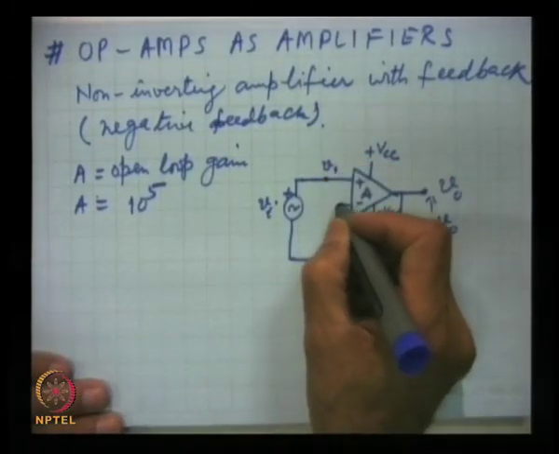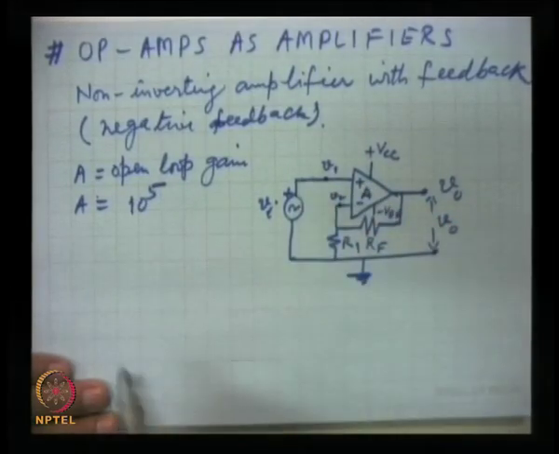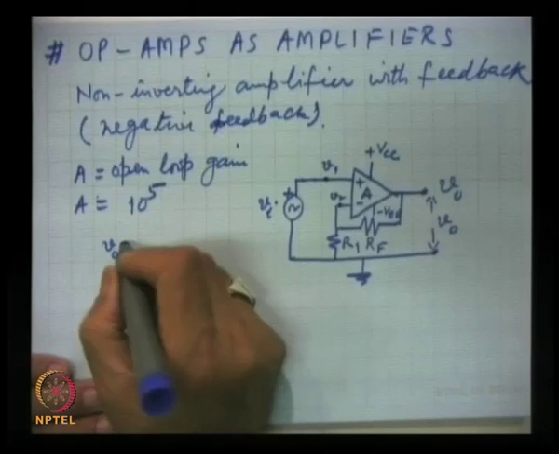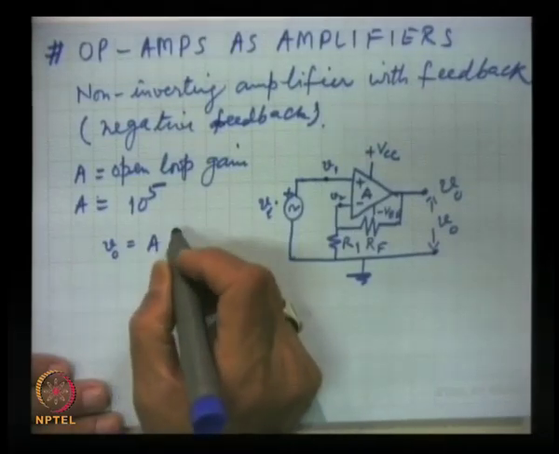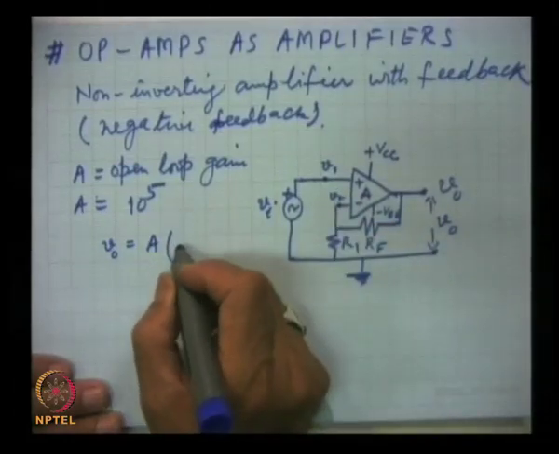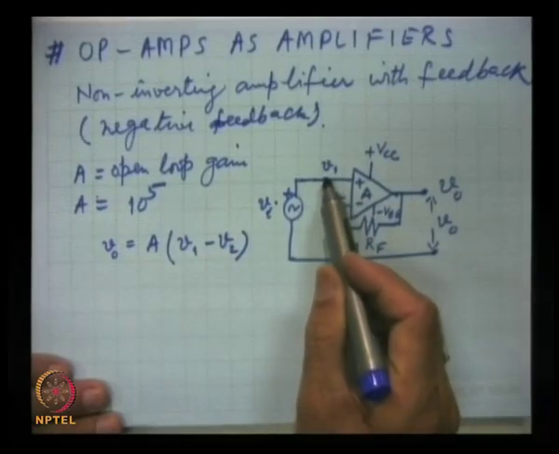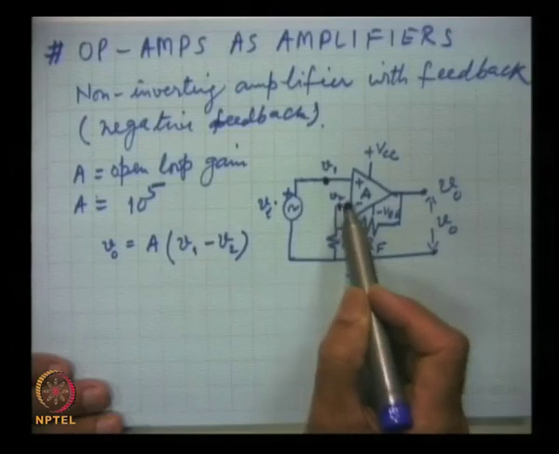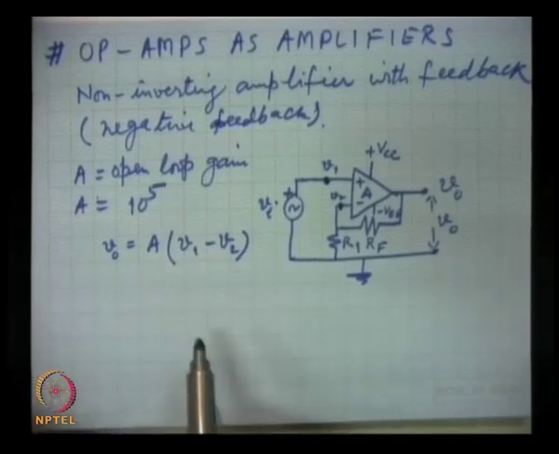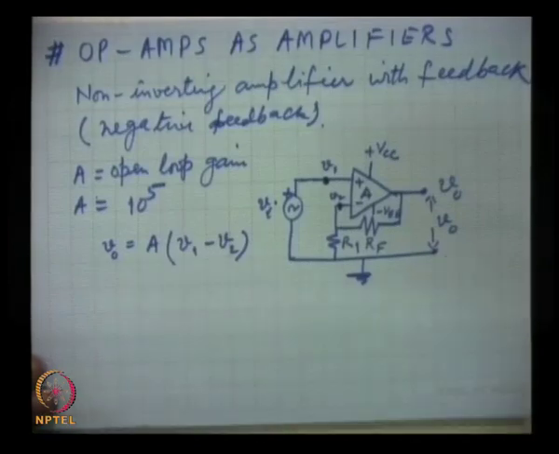Now, we identify this as V1 and this as V2. V out is simply the gain times the difference of the two voltages, V1 minus V2. Whatever is the voltage here, that is V1, and whatever is the voltage here, that is V2. The difference is multiplied with the gain to give the output.